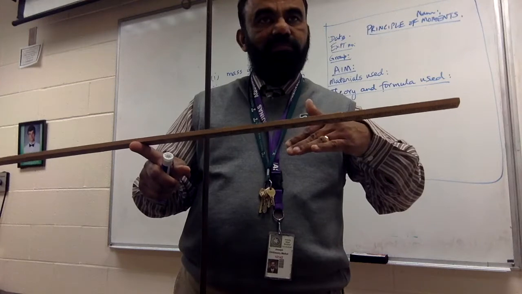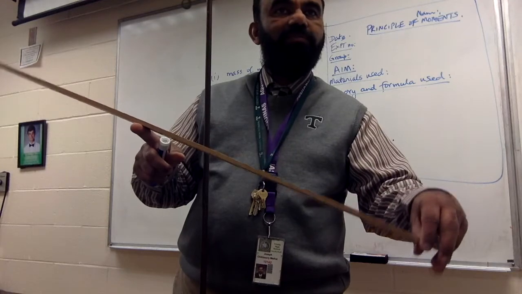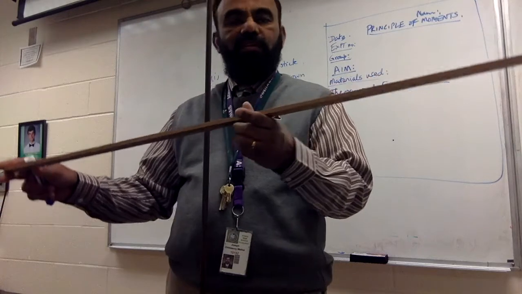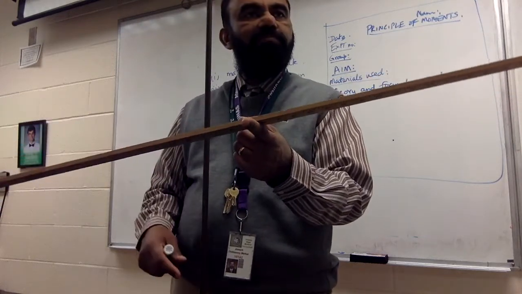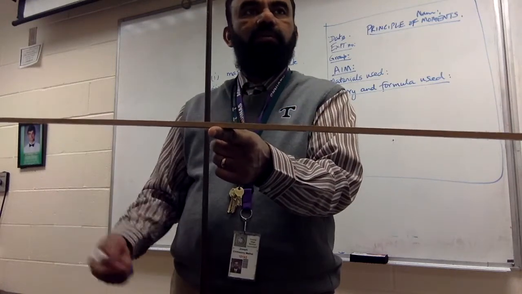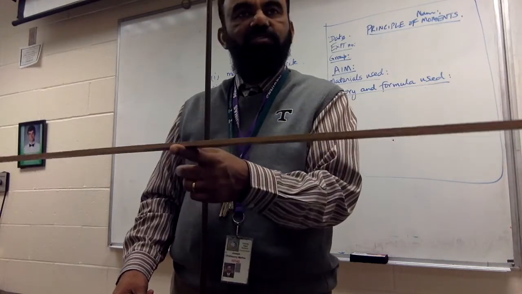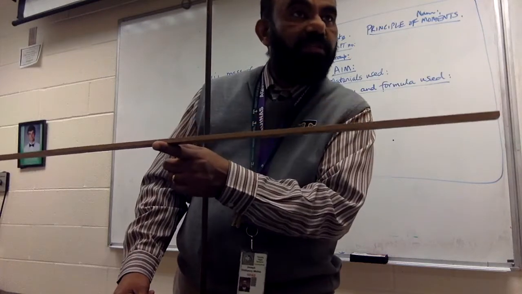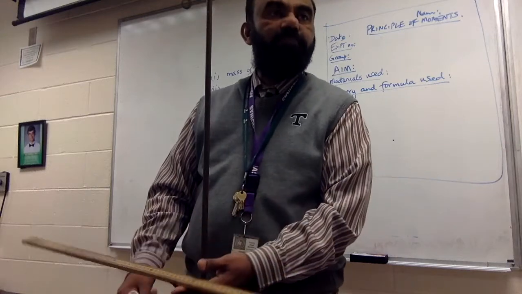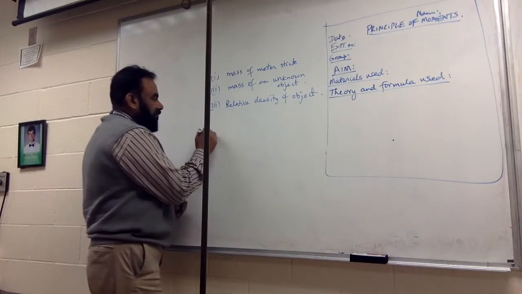If someone is sitting here it's going to create what kind of torque? Clockwise torque. And if somebody sits here, it produces counterclockwise torque. Now, if two people are sitting, one here and one there, and it is still balanced, what do you know about the net torque? Zero. That is the principle of moments. What is it trying to state? The clockwise moments will be equal to the counterclockwise moments if it is in equilibrium. That is the theory.